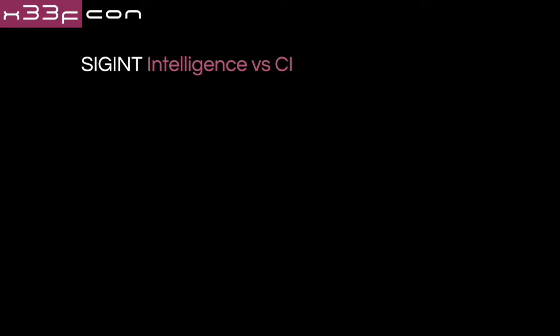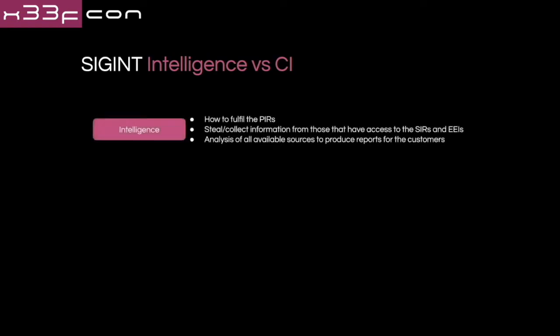Now, there is a difference between signals intelligence and counterintelligence, or CI. Those are very important to understand to have a better view of those organizations and how they operate. On the intelligence side, you fulfill those PIRs by collecting that information, or simply stealing it from whoever had access to those SIRs and EEIs.